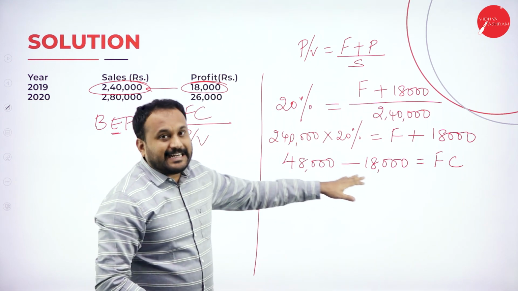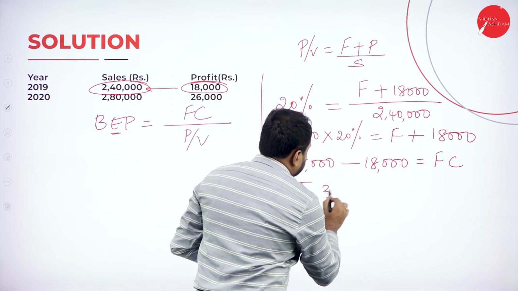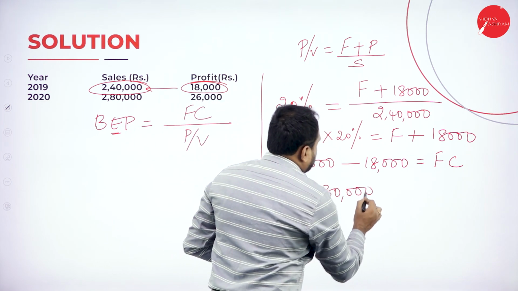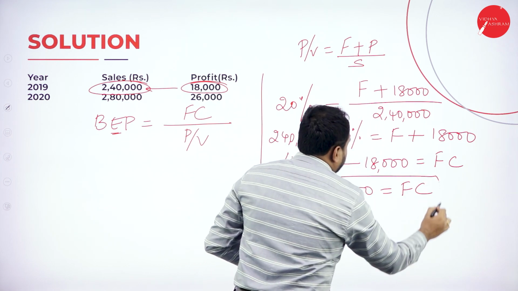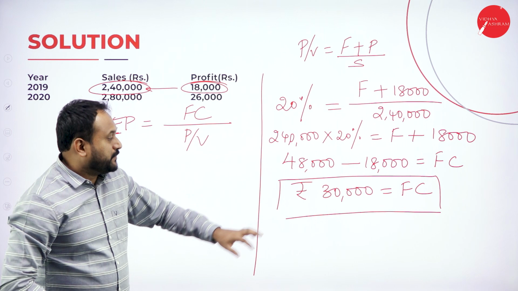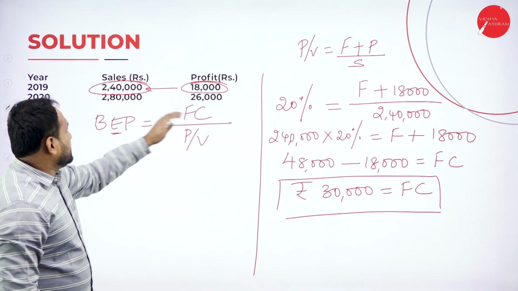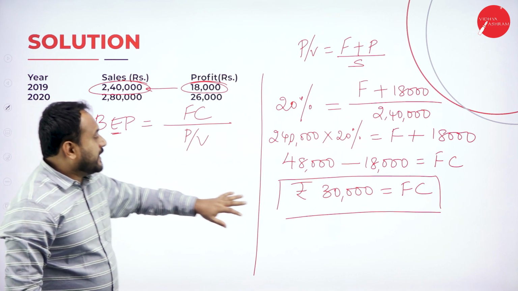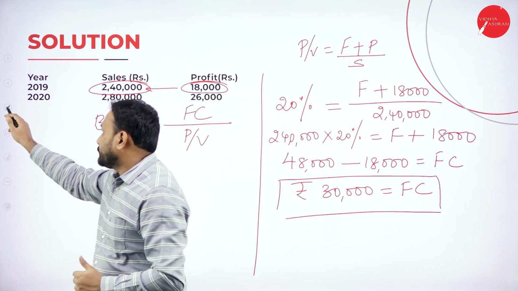So 48 minus 18 is 30,000. That means rupees 30,000 is equal to fixed cost. So how much is my fixed cost? 30,000. This will never change. Even if you do it for this 26 and 28, you will get 30,000. I'll show you how exactly you are supposed to do it.